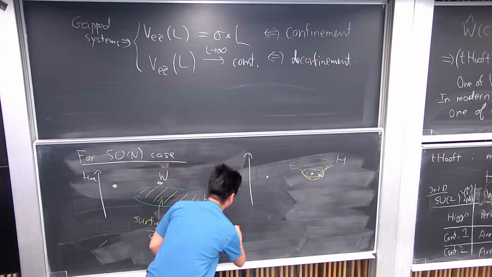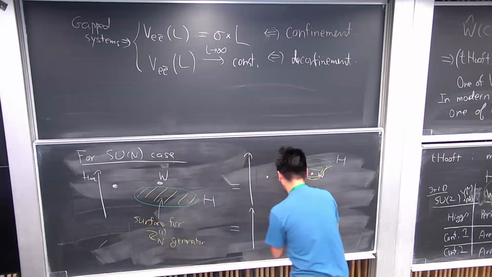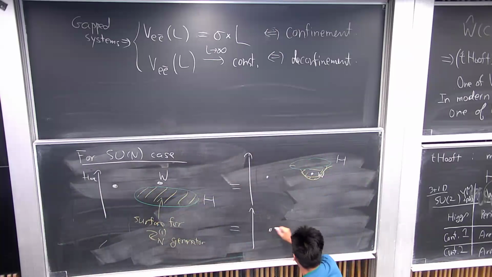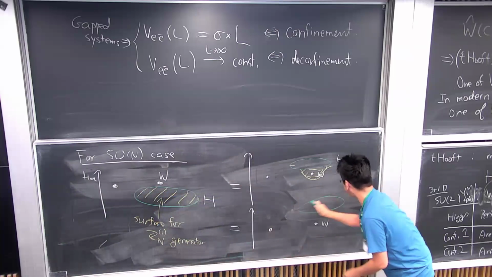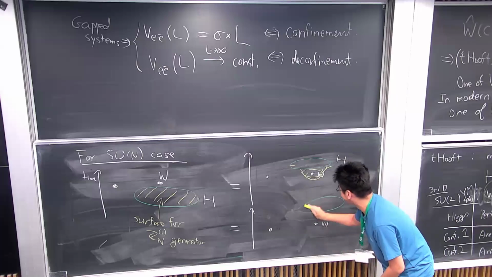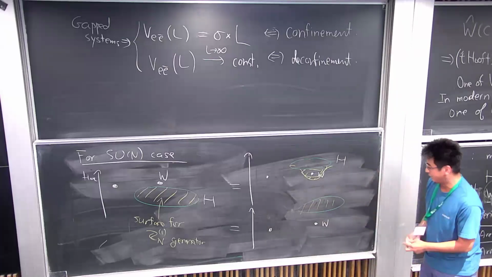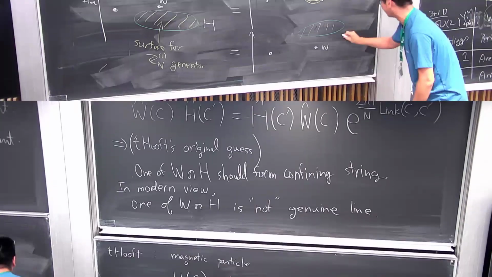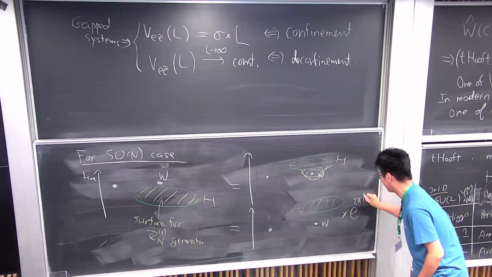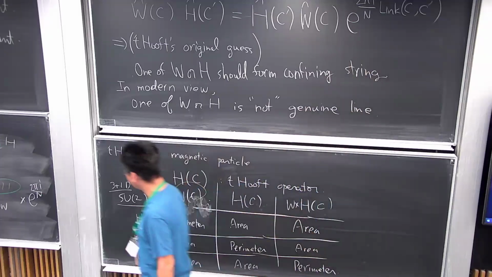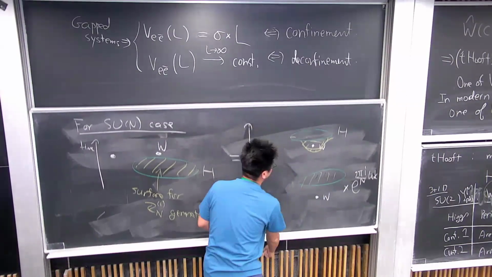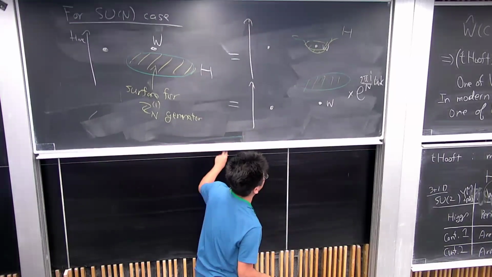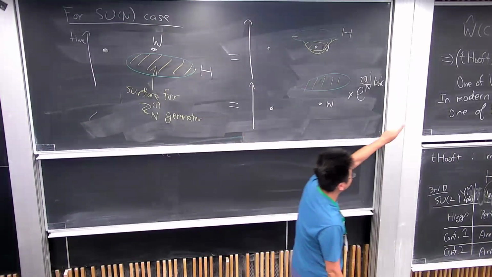So in order to completely exchange the location of the Wilson and 't Hooft loop, this surface should go across this Wilson loop, and when going across, this gives an extra phase described by this linking number. So this is the current or modern way to correctly understand this commutation relation.